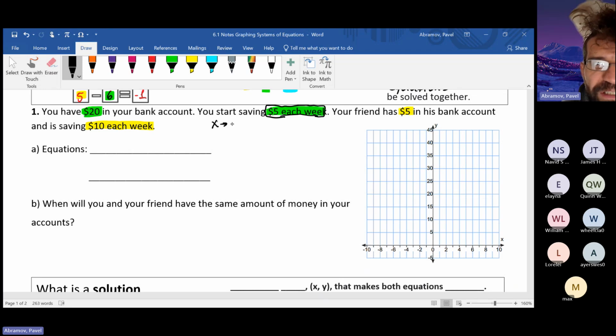So x will represent the number of weeks. Then y is a dependent variable, and y will depend on x. Well, in our case, what depends on the number of weeks that you're saving money? How much money you have in the bank account. So y is going to be the total money in the bank.